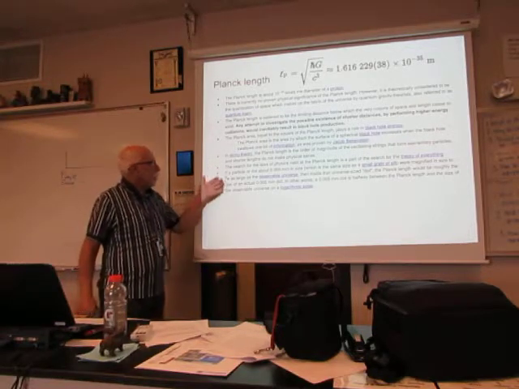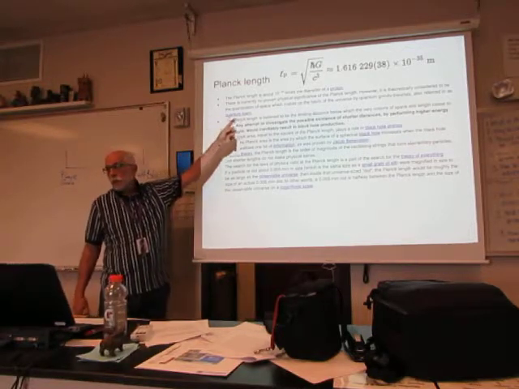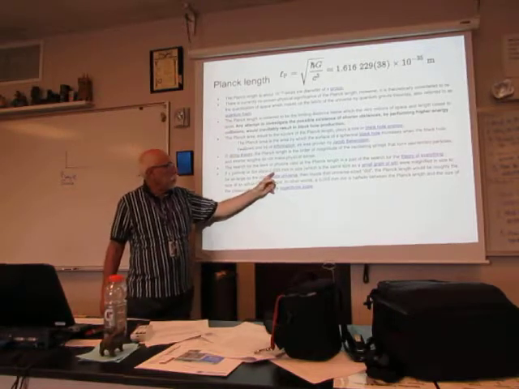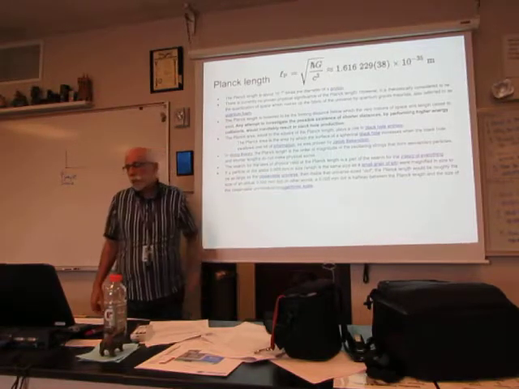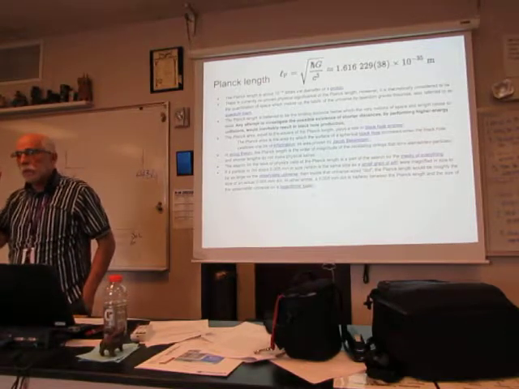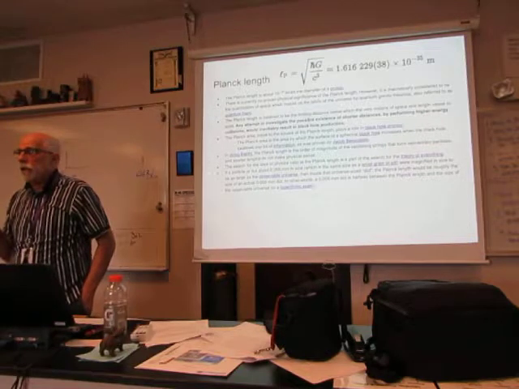So here's a way to think about how stupendously small that is. If you take a dot, 0.005 millimeters, that's 5 microns, a dot 5 microns in size on a piece of paper, it's hard to see it.